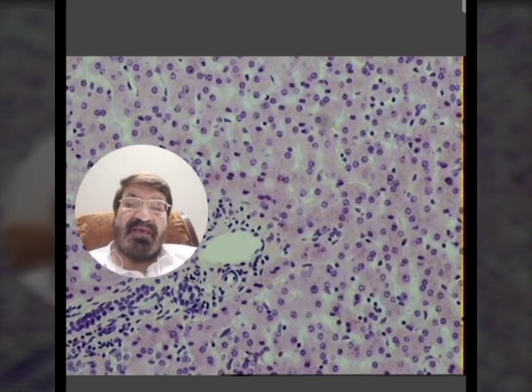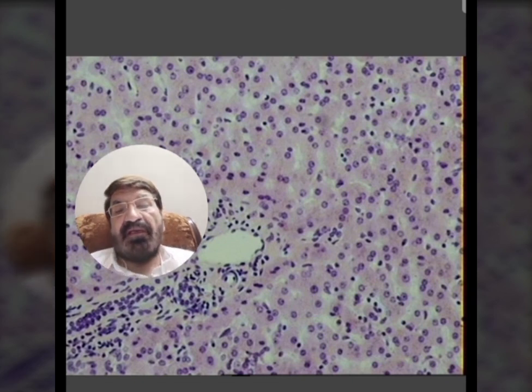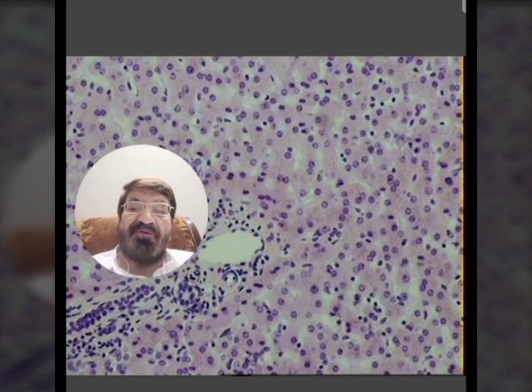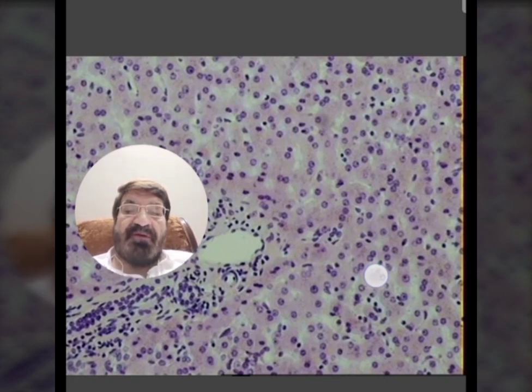A single cell thick, and these hepatocytes are present in the form of the hepatic plates. ये बिल्कुल ऐसे है जैसे एक ईंट की दीवार होती है, ईंट के ऊपर ईंट, इस तरह हेपेटोसाइट के ऊपर हेपेटोसाइट रखे हुए होते हैं, और ये एक प्लेट की शक्ल में, और ये प्लेट्स जो हैं वो सेंट्रल वेन से रेडिएट करती हैं, और रेडिएटिंग कॉर्ड्स नज़र आती हैं जब हम ऊपर से देखते हैं. जब हम इसका सेक्शन देखते हैं काट के तो हमें वो रेडिएटिंग कॉर्ड्स नज़र आती हैं.